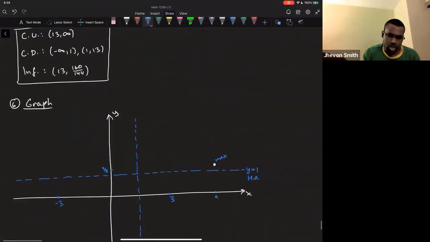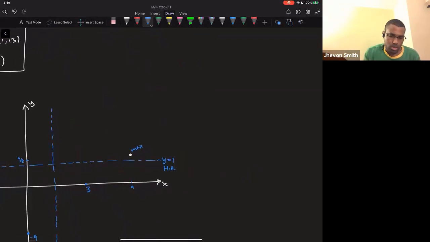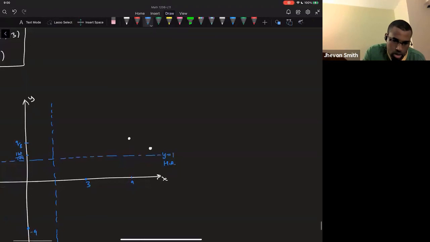Inflection point 13, comma 160 over 144, which, okay, let me move this. I think I see what this graph is doing. It's going to be over here. It's going to be at 13.